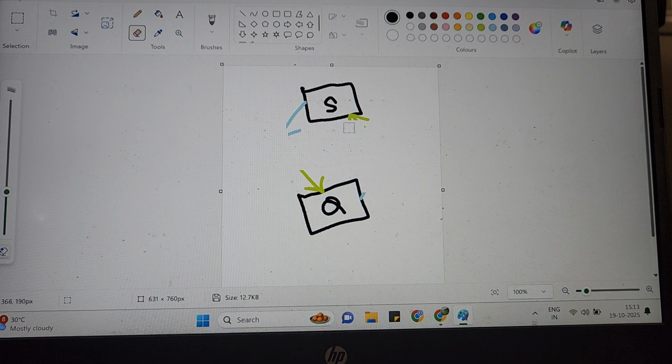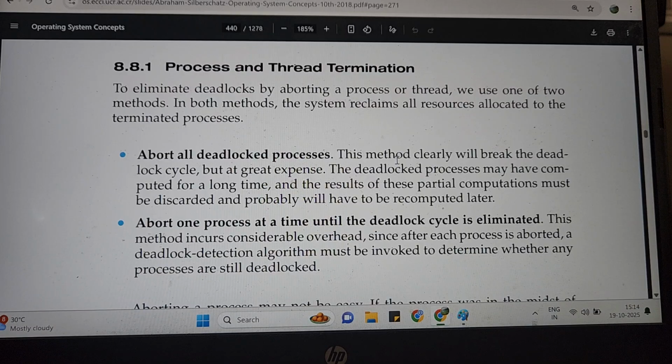If you remember from one of the very early topics we discussed, the processes have states. There's running, there's ready, there's waiting, there's terminated, and all of that. So one thing you can do is terminate or abort all processes, and you send them back to the ready queue. They have to start afresh again, irrespective of how much progress they've made with their execution.